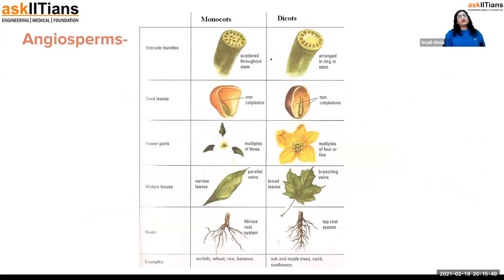Okay. So talking about the further classification, angiosperms are of two types, monocot and dicot. Cotyledon. The cotyledon is actually formed on the embryo. Like suppose this is an embryo. You must have seen the germinated sprouts that you eat. They also have a little leafy structure coming out. And the seed inside is actually the cotyledon itself.